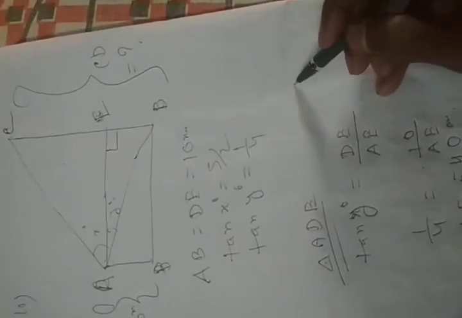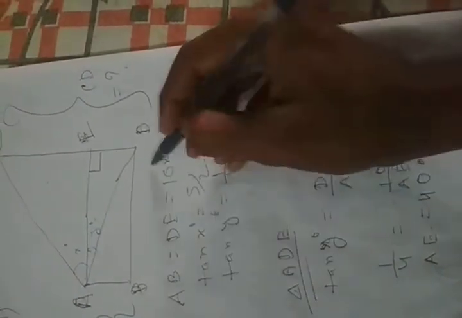Now using the triangle ACE, we have tan x degrees equals height by base. Here this angle is 90 degrees, so the height is CE and the base is AE. The value of tan x is given as 5 by 2, CE I don't know, I have to find out CE, and AE I already got, that is 40.